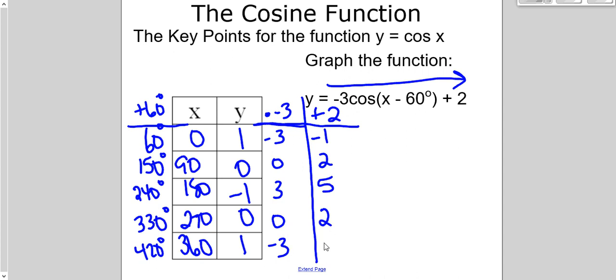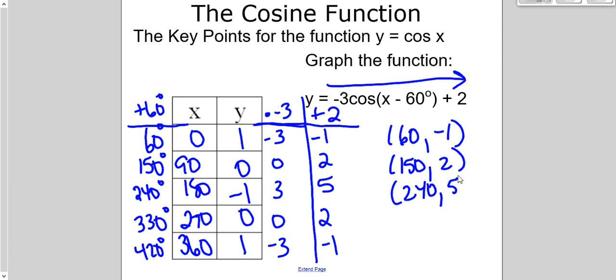And -3 plus 2 is -1. And now that tells me that my points are going to be at 60, -1, 150, 2, 240, 5, 330, 2, and 420, -1. All right, so this is what we're actually going to want to throw on a graph.